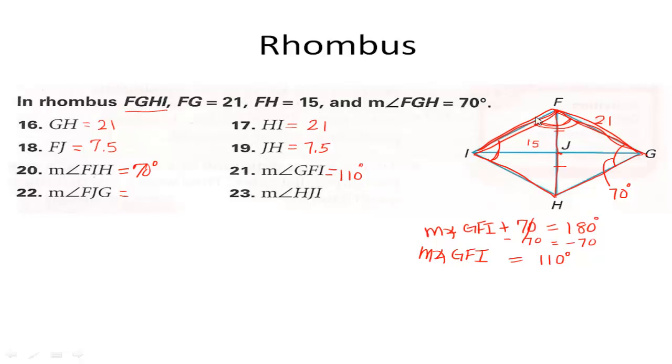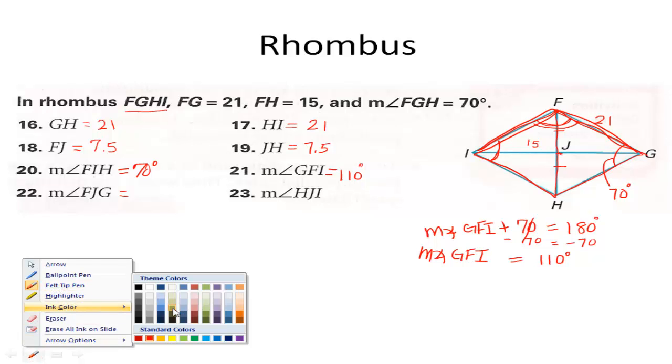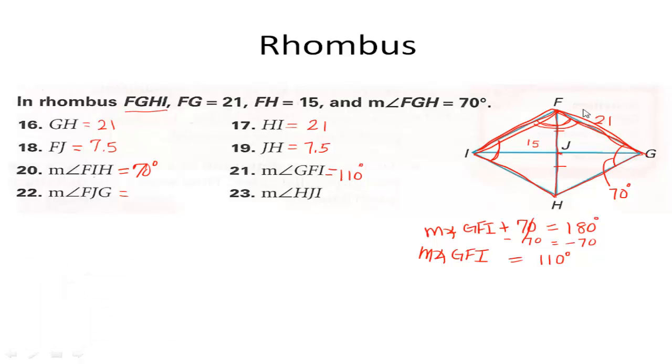For the measure of angle FJG, let me change colors again because I have a lot of red here. Let's do blue now. They're talking about this angle. That is the angle of the diagonals at the intersection point, and we know that the diagonals are perpendicular, so this is equal to 90 degrees.